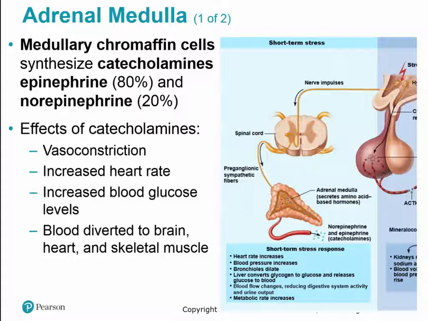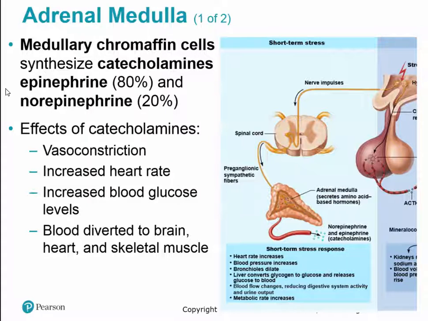The catecholamines are a group of neurotransmitter hormones that includes epinephrine and norepinephrine. General effects include vasoconstriction, increased heart rate, increased blood glucose levels, and blood can also be diverted to the brain, heart, and skeletal muscle, your most important primary organs for that fight or flight response.